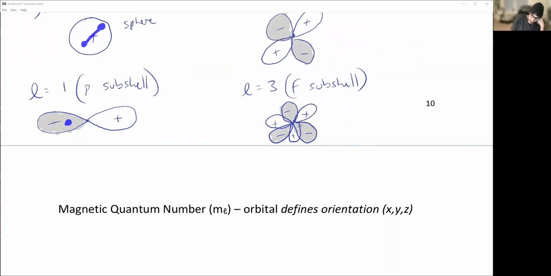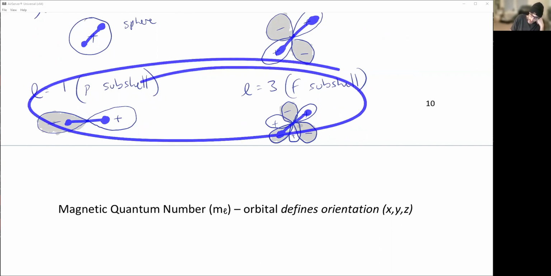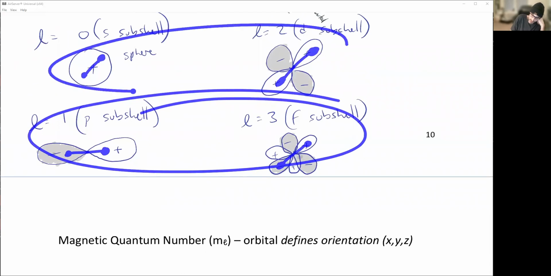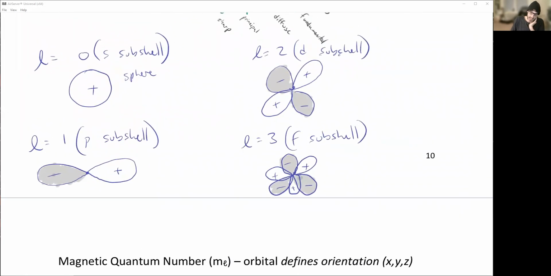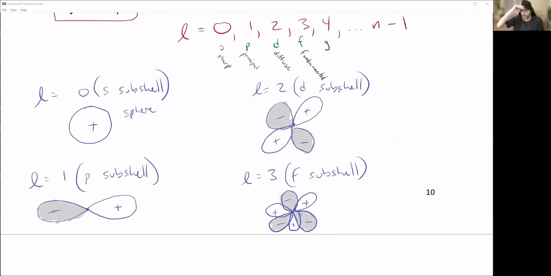But here, if I go across the origin, it's the opposite sign. Here, if I go across, it's the same sign. Here, if I go across, it's the opposite sign. So these two change when you go through the origin. These two stay the same. You get to that in inorganic chemistry when you start talking about symmetry, but that is an important element of why those signs are there.